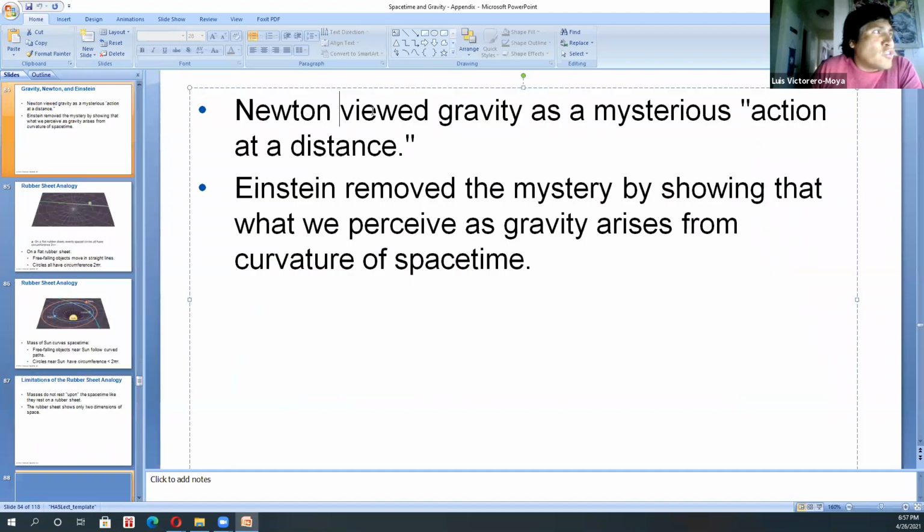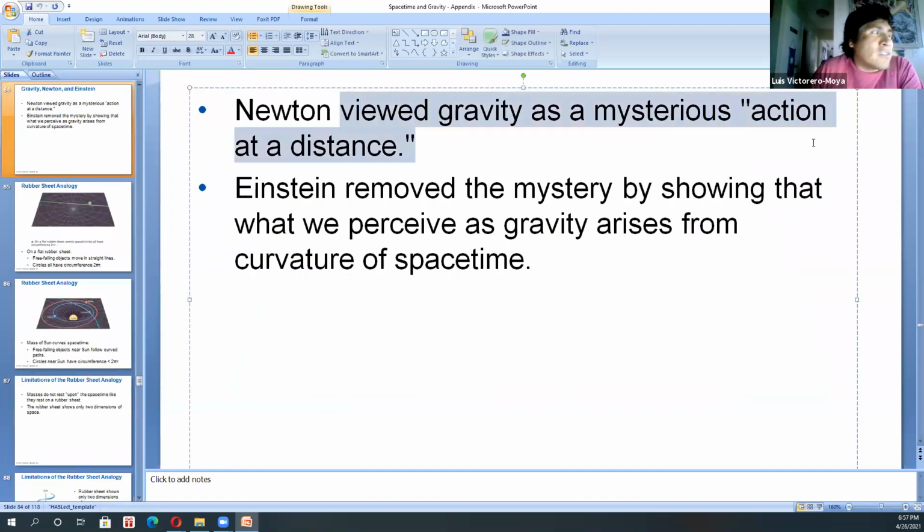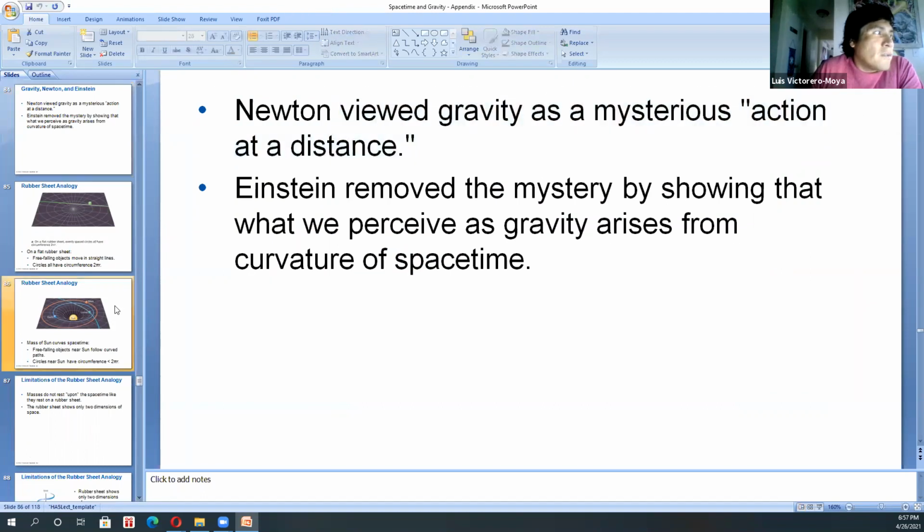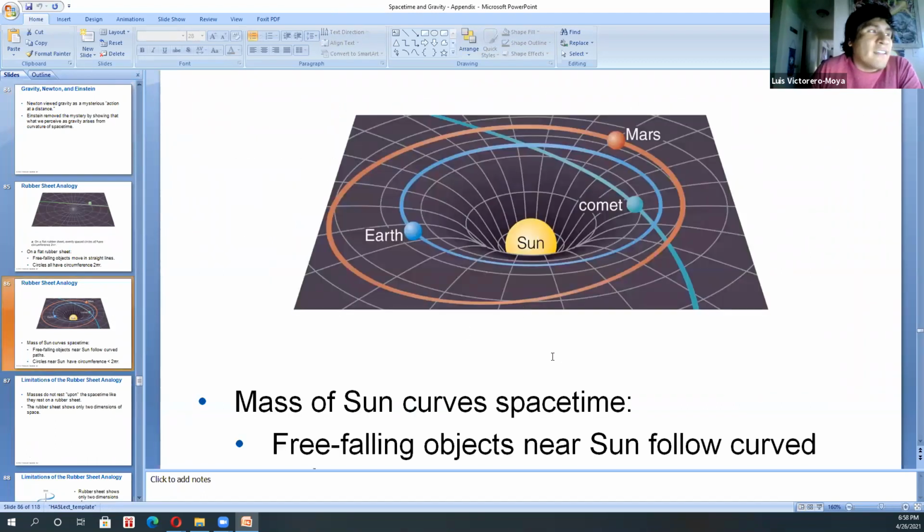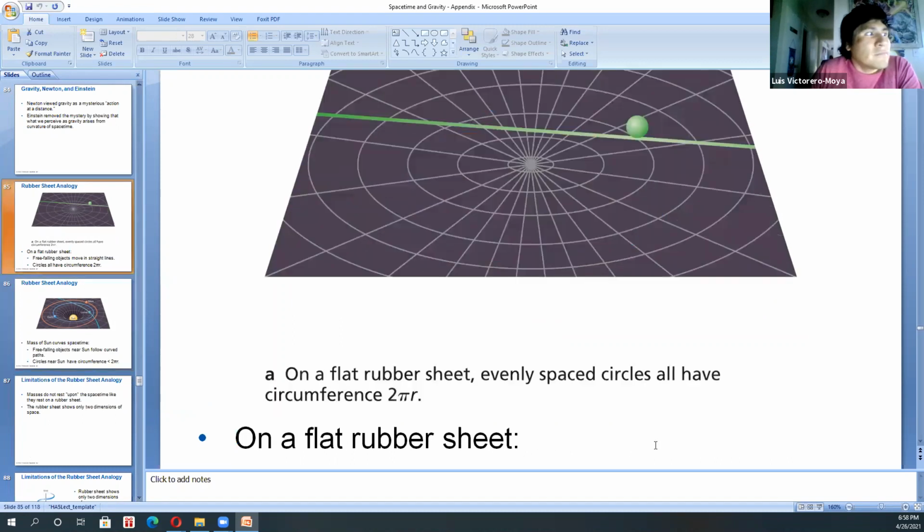Yeah, so Newton viewed gravity as a mysterious action at a distance, a force. But if I take off the sun, right? If I remove the sun, this bend caused by the sun will slowly, after eight and a half minutes, become flat again. Will become like this. All right. And that is when the Earth will be out of orbit.